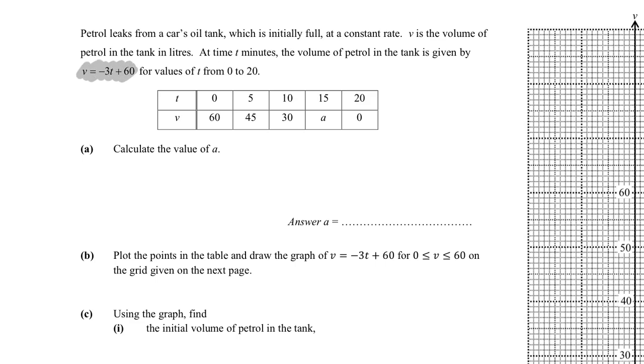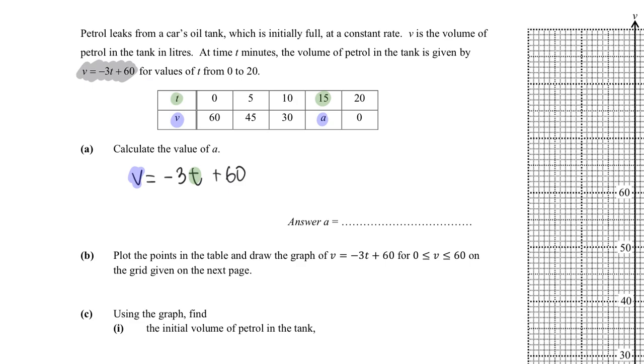And then a table of values is given. So calculate the value of A. And when does A happen? A happens when T equals 15. So for this, V equals negative 3t plus 60. You can easily see that I am going to substitute A as V, T as 15.